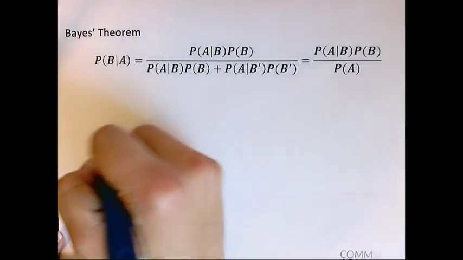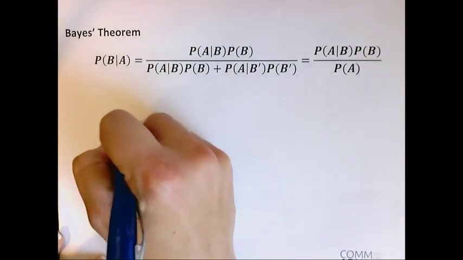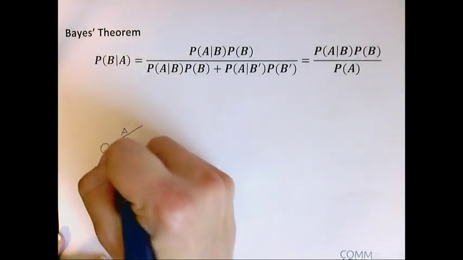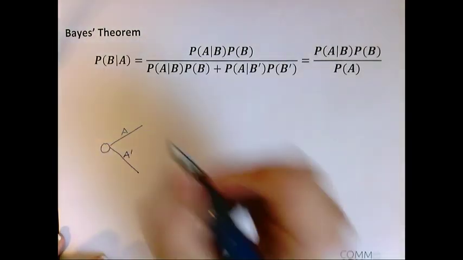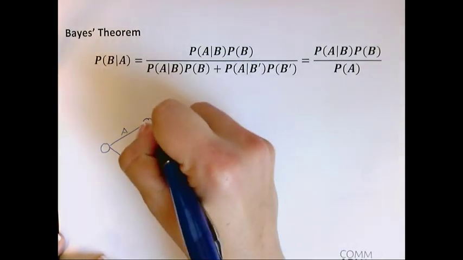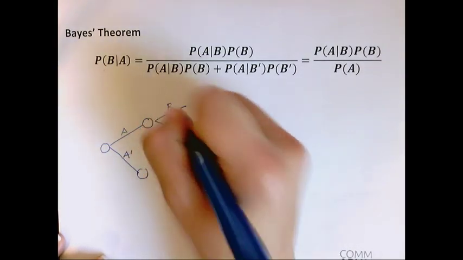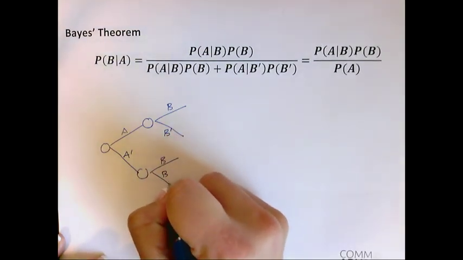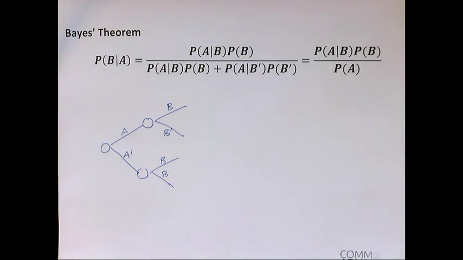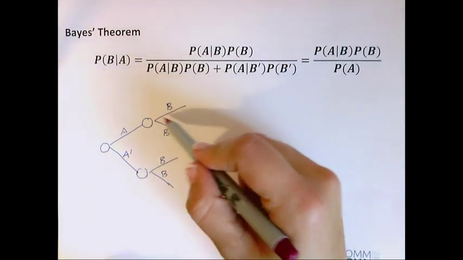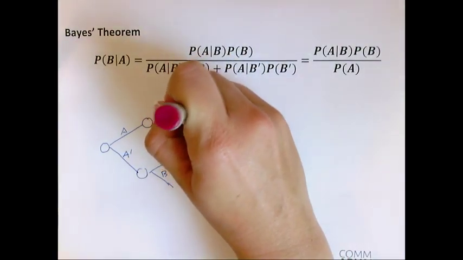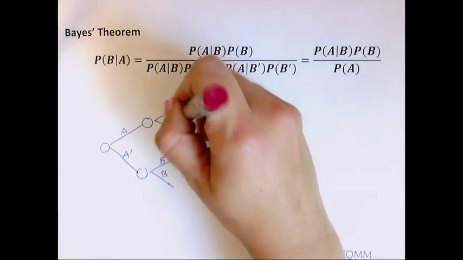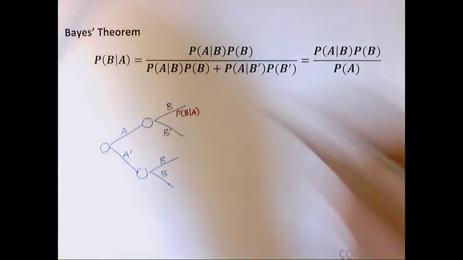So if I have a tree that's defined as being A and then not A, followed by the event B, whatever A and B happen to represent in this problem, what we do know is that the probability that would go on this branch here is the probability that B is occurring given A happened.